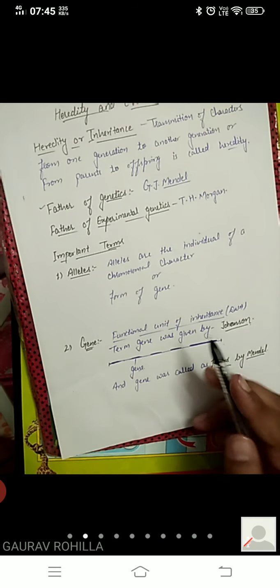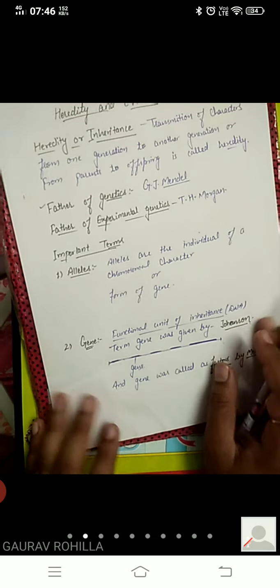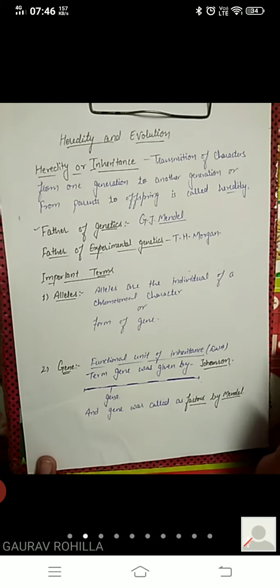Mendel was just saying that these are some factors which are transmitted from one generation to another. So these are called factors in terms of Mendel.